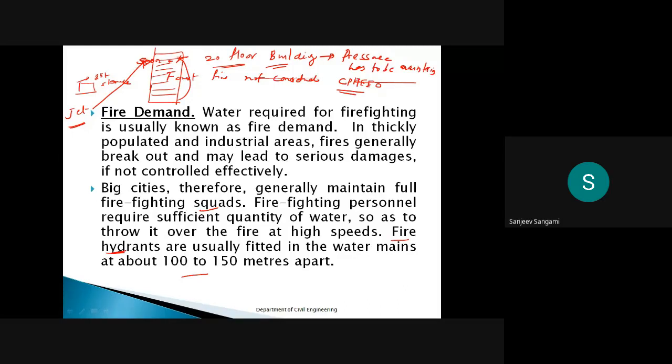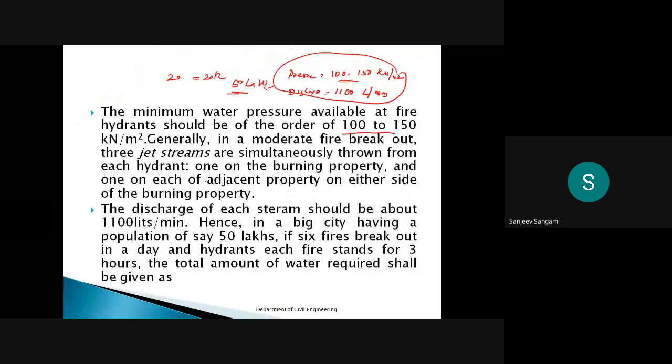Then how much should it be maintained? That is very important. The pressure should be 100 to 150 kilonewton per meter square. Even if it is the 20th floor, if you maintain this much pressure, definitely it is going to reach that point.